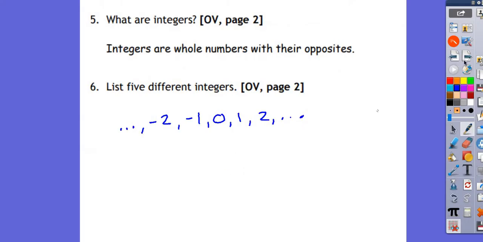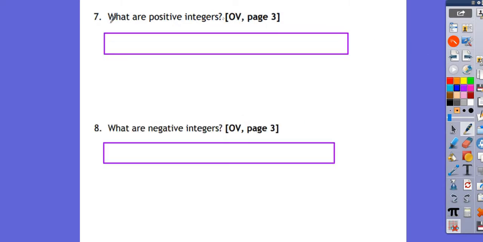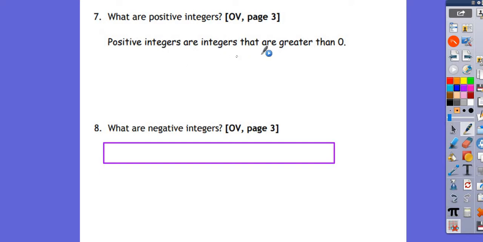Going to our questions in our book. What are positive integers? Positive integers are integers greater than 0. What are negative integers?